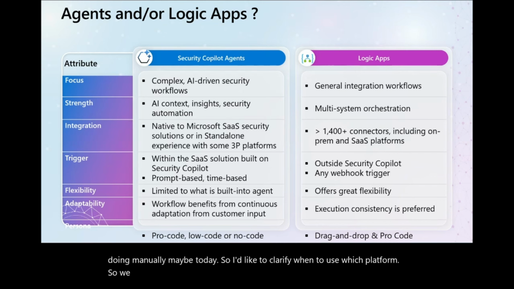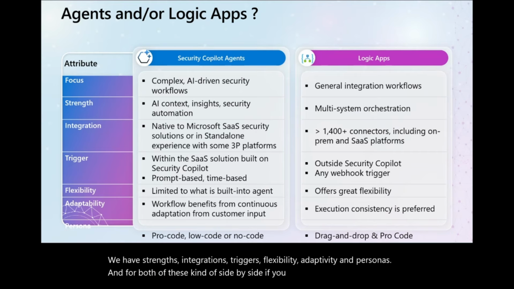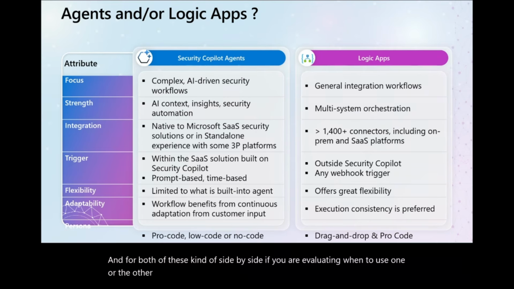We have Security Copilot Agents, and we have a focus there. We have strengths, integrations, triggers, flexibility, adaptability, and personas. For both of these side by side, if you are evaluating when to use one or the other or both, these will help you articulate the attributes that are needed.